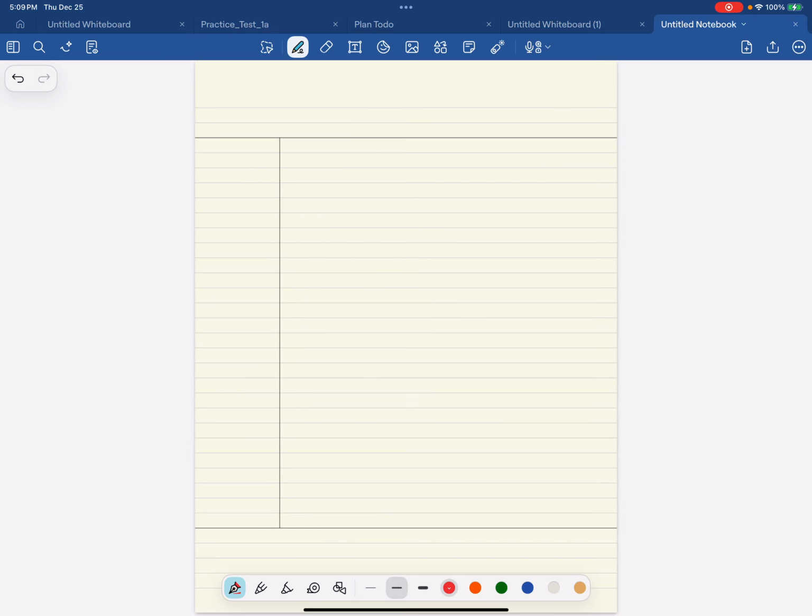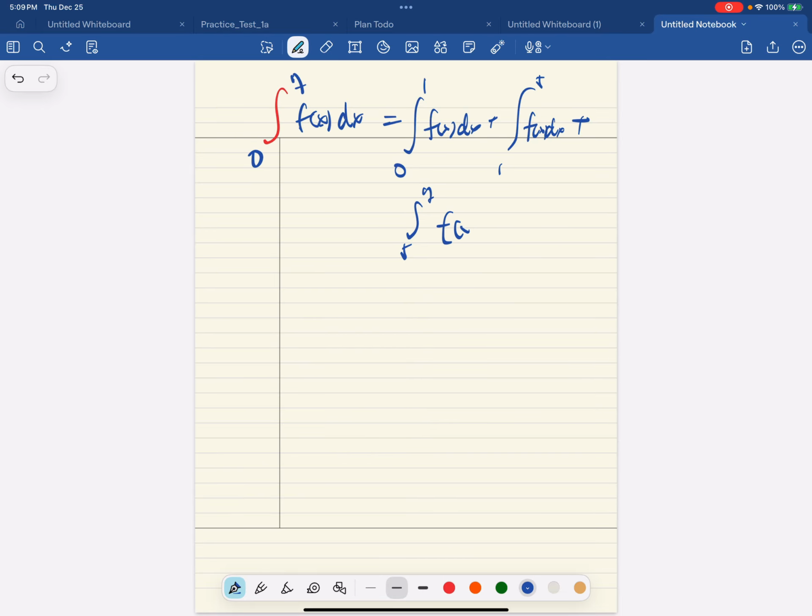Something else that could be worth talking about. Let's say there is a bound 0 to 7. It's kind of annoying to write f of x dx every time, but it's the same thing as 0 to 1 plus 1 to 5, let's say, plus 5 to 7, f of x dx.